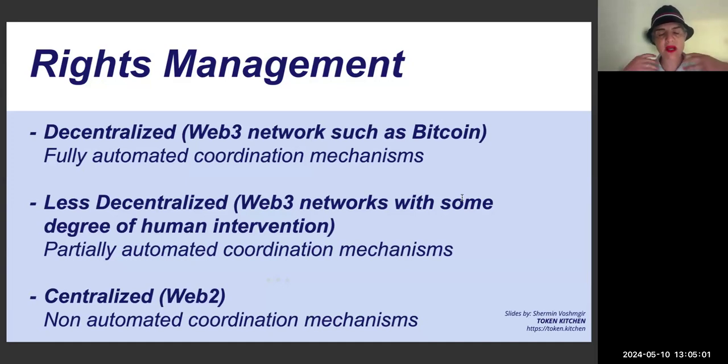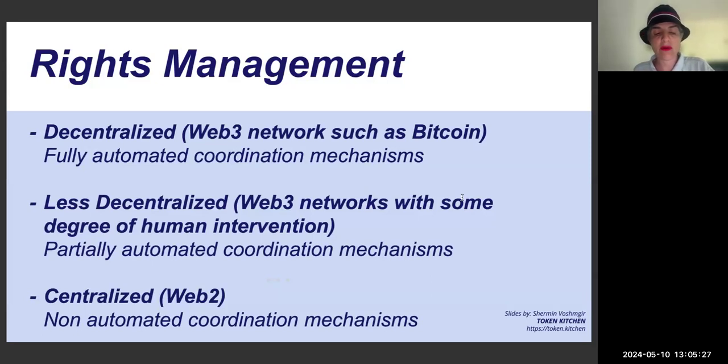This term has become a bit less popular because it's a bit fuzzy. But these organizations had various degrees of human coordination. They had partially automated coordination mechanisms, and part of the coordination mechanisms had intentional human intervention.